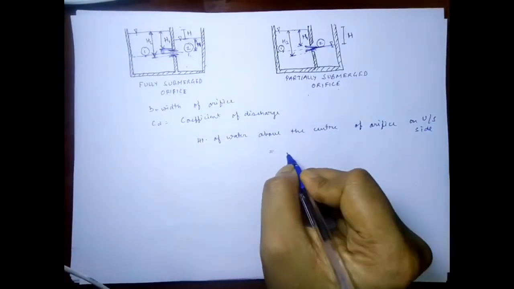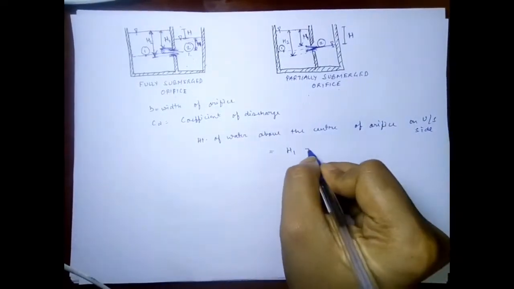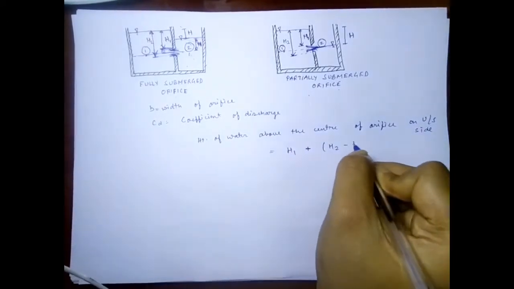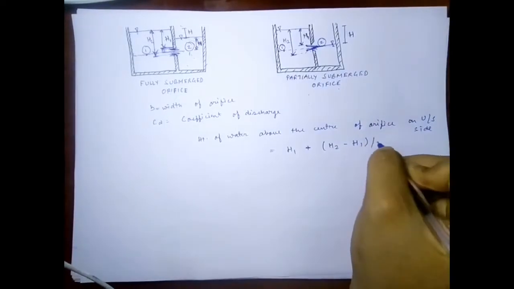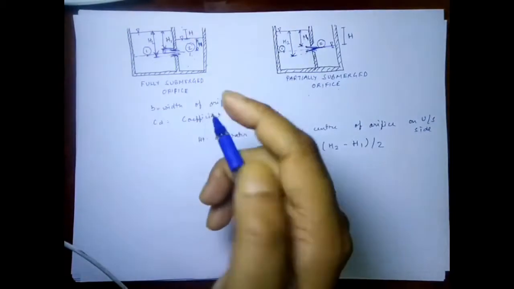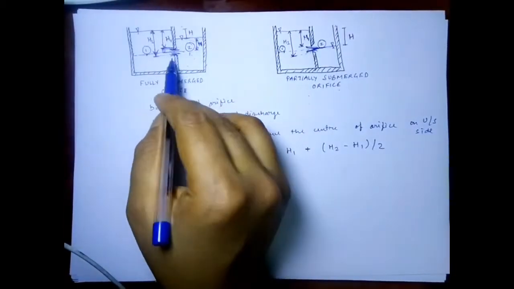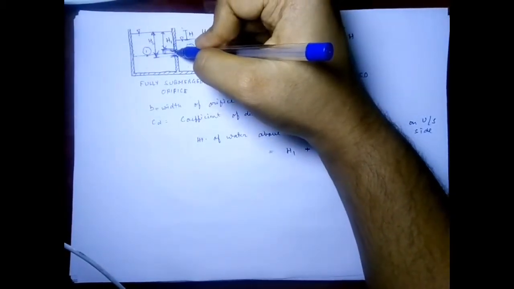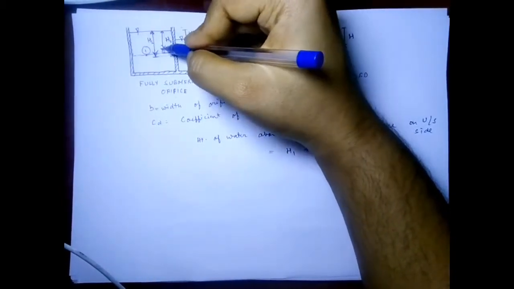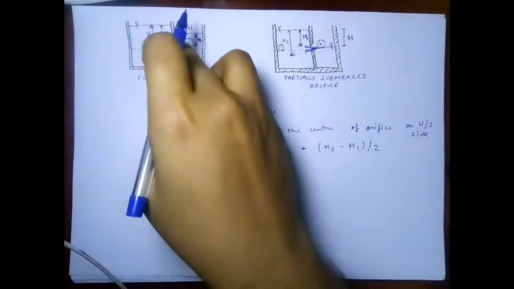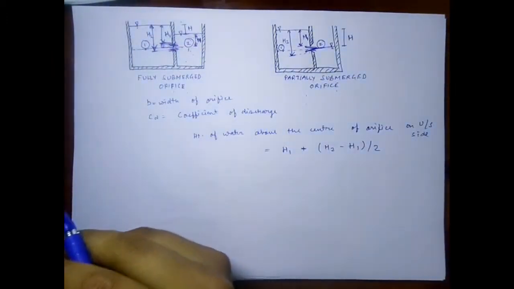So it will be H1 plus H2 minus H1 by 2. You yourself see it and try to clarify it, that H1 is this much, and this small length is given by H2 minus H1 divided by 2, because H2 minus H1 is the height or the dia of the orifice.